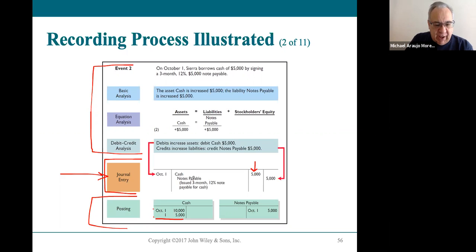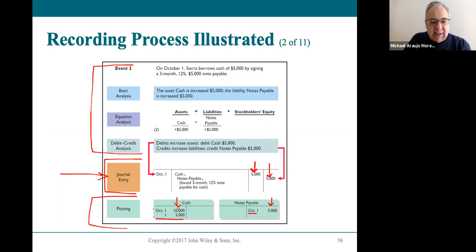So this new event, this $5,000 debit to cash, is then listed right underneath the first event. Okay. Again, it's a debit to cash in the journal. It's going to be posted on the debit side of the cash account in the ledger. Notes payable gets a credit here. And so the notes payable account, which is a liability, will show this being posted on the credit side of its account.